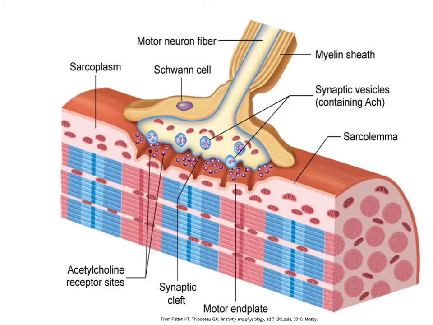Then you have the synapse, the gap between the motor neuron and the muscle fiber, where acetylcholine will be released from the synaptic vesicles in the motor neuron. They will travel across the synaptic cleft and stimulate acetylcholine receptors on the muscle itself. Okay, so that's the overall description of how a skeletal muscle is stimulated by a nerve.